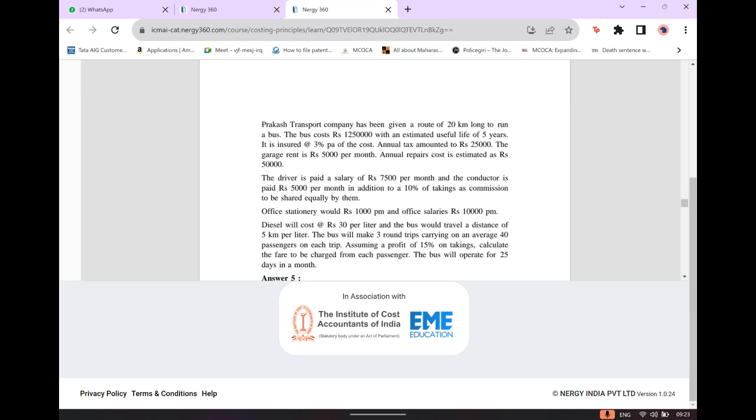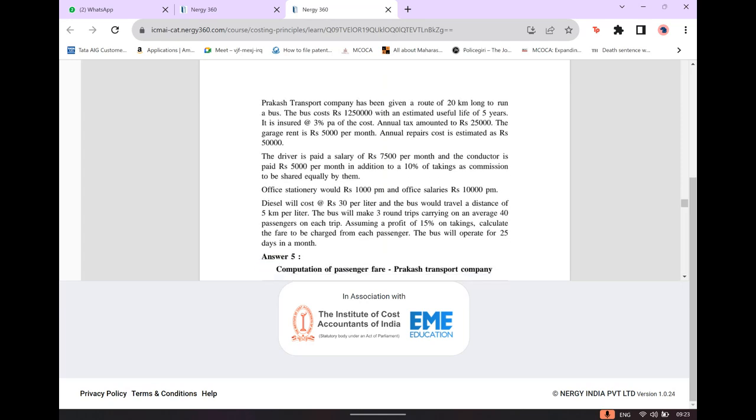Annual repair cost is estimated at 50,000. The driver is paid a salary of 7,500 per month and the conductor is paid 5,000 per month, in addition to 10% of takings as a commission to be shared equally by them. Office stationery would be 1,000 per month and office salaries would be 10,000 per month.